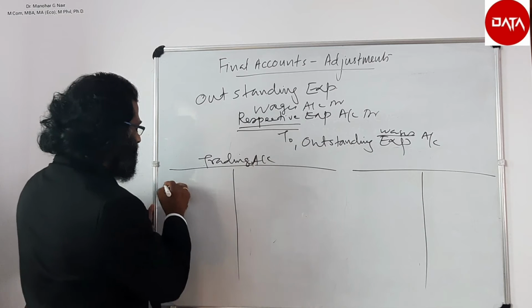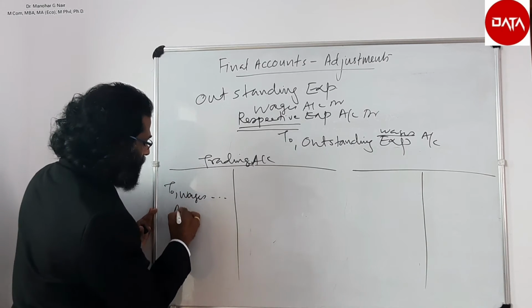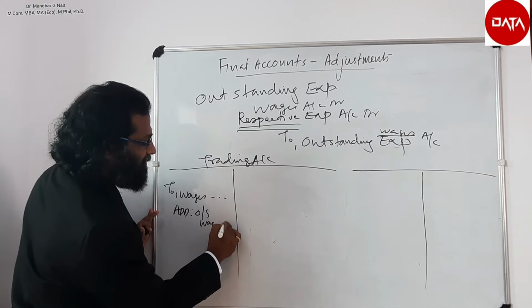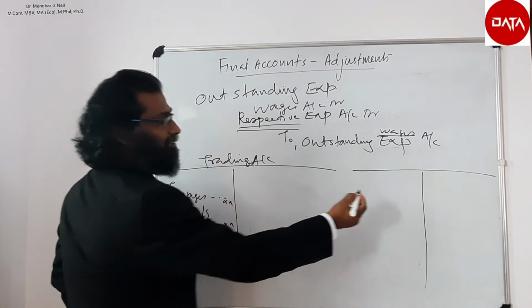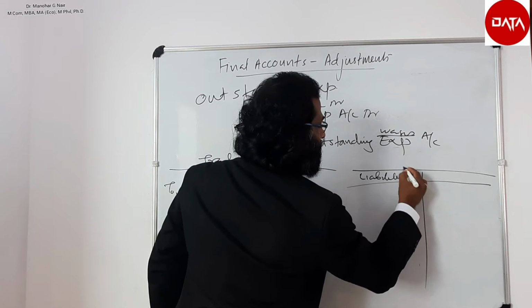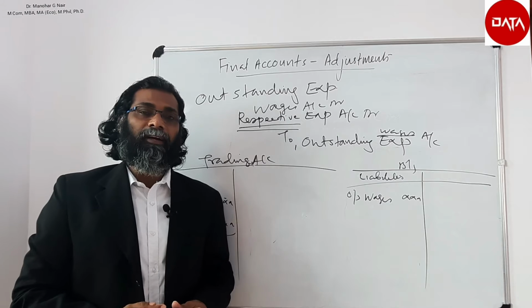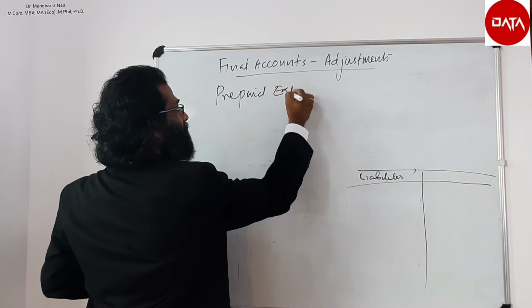So in the trading account, along with the wages, we have to add outstanding wages. This is the adjustment in the trading account. And in the balance sheet, liability side, outstanding wages.